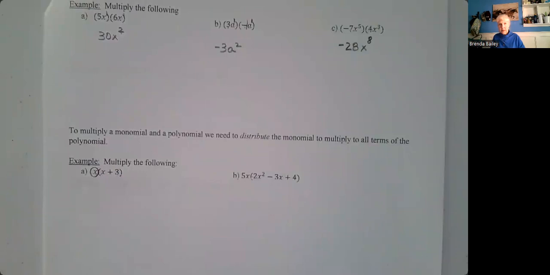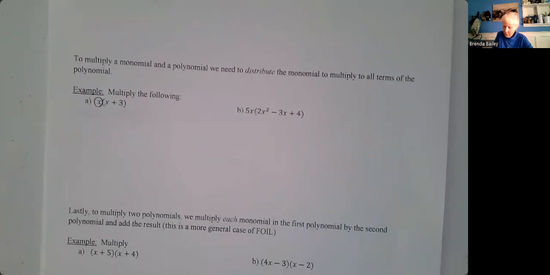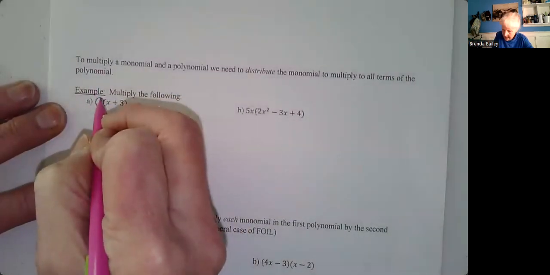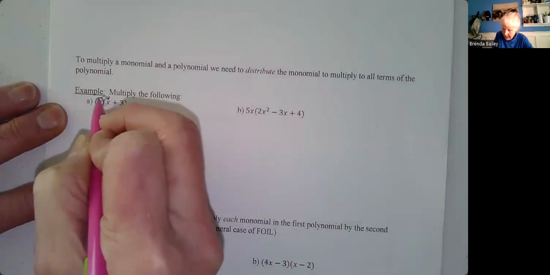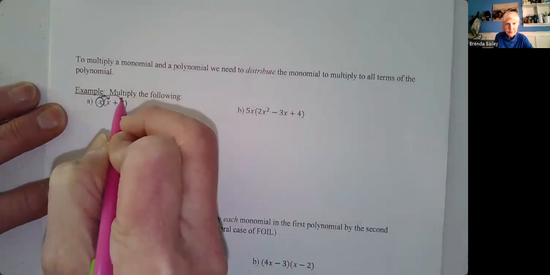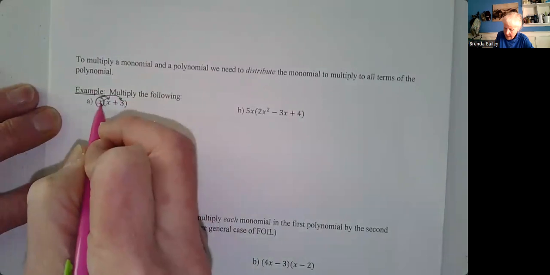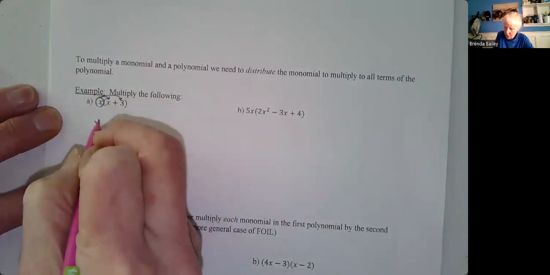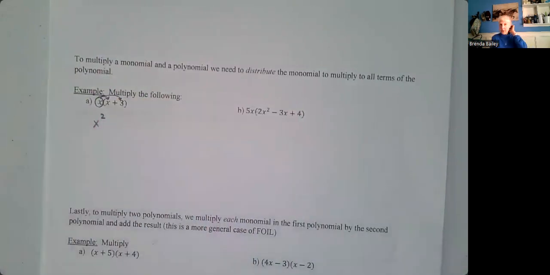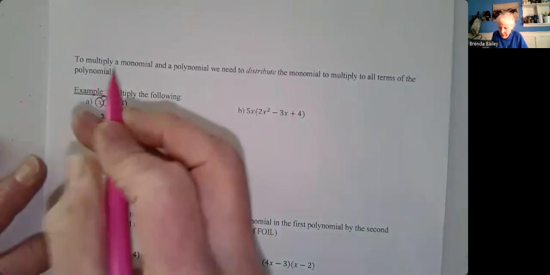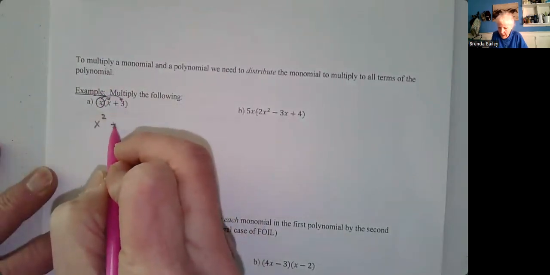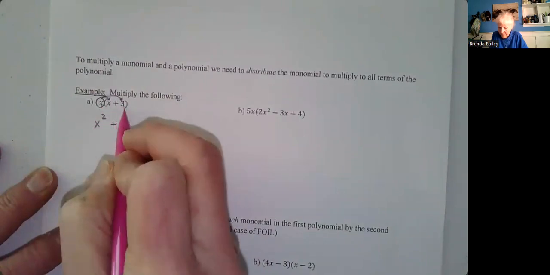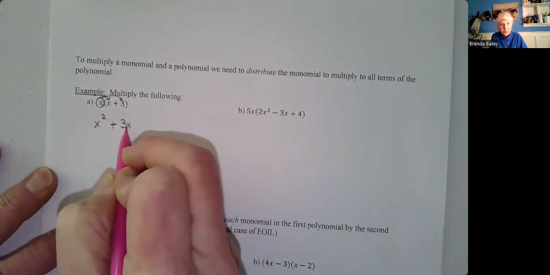So, getting that cleared up, we're going to take x times x plus 3. X times x is x squared because you add exponents when you're multiplying. 1 plus 1 is 2. Plus x times 3 is 3x. And you're done.